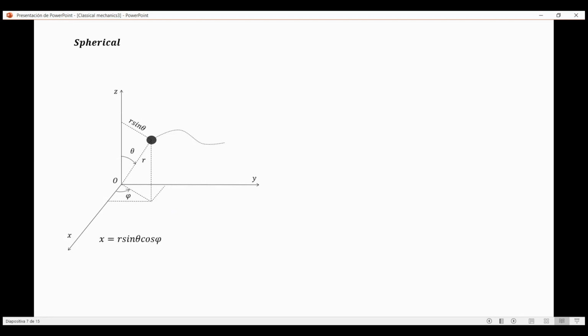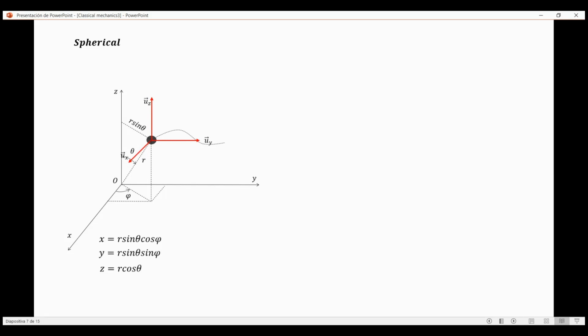and we can just relate the spherical coordinates with the Cartesian coordinates like this. x is simply, if this is r sine of theta, x is r sine of theta cosine of phi. y would be r sine of theta sine of phi, and z would be r cosine of theta by simple trigonometry.